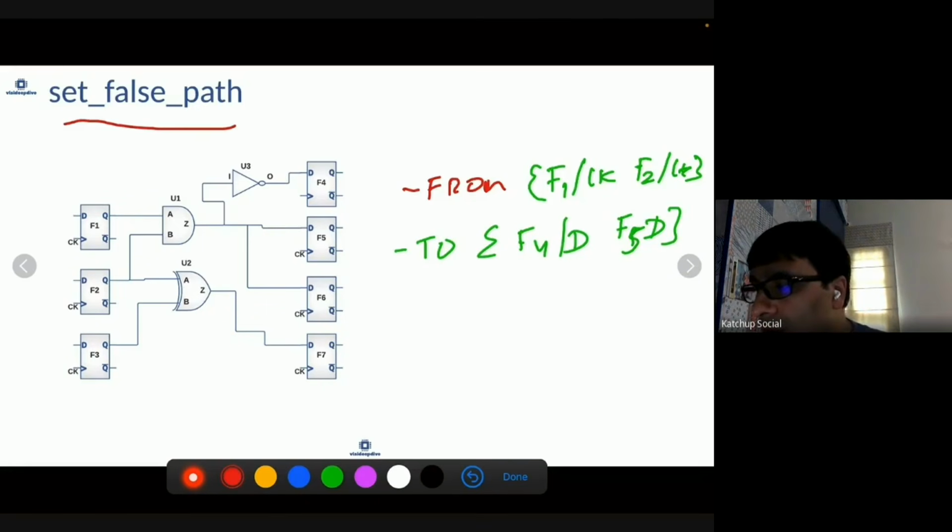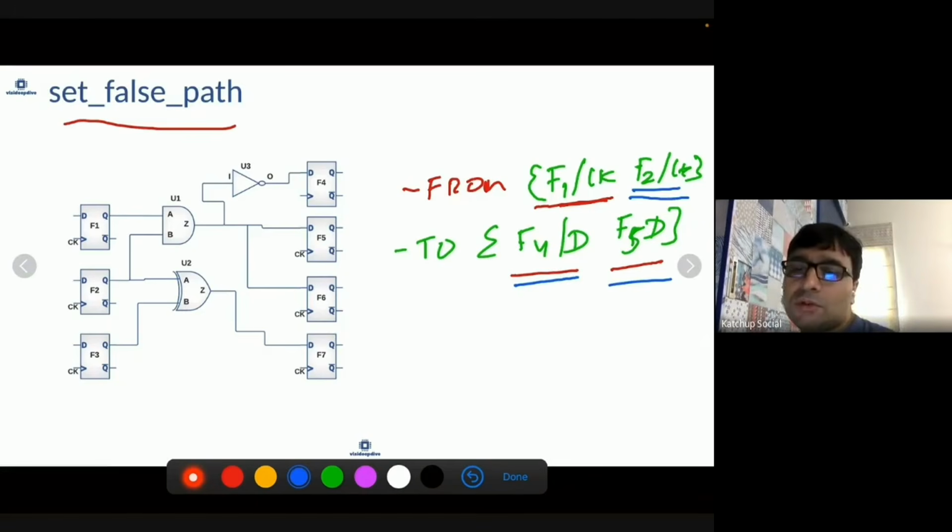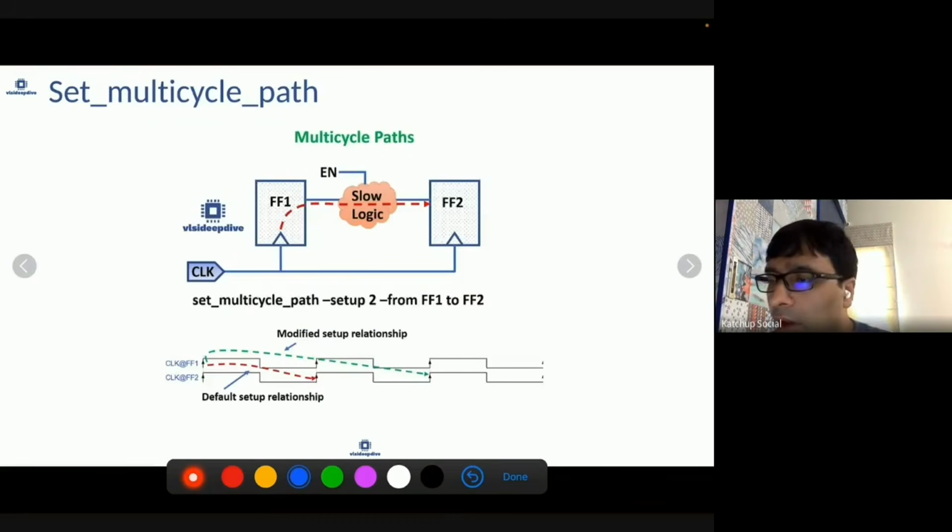From F1CK to F4D, no timing check should be done. From F1CK to F5D, no timing check should be done. From F2CK to F4D, no timing check should be done. So this is how you specify it. False path means you don't want to do any timing check.